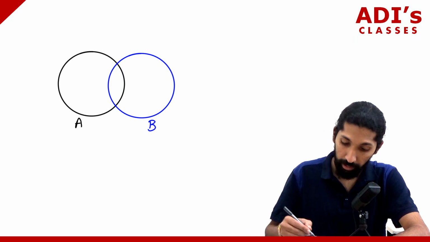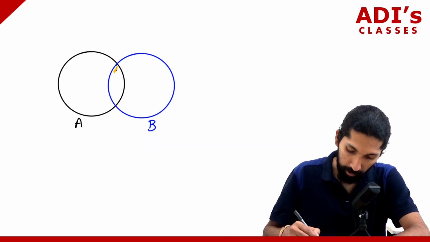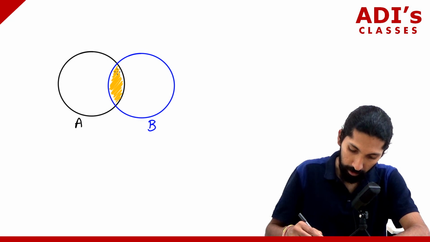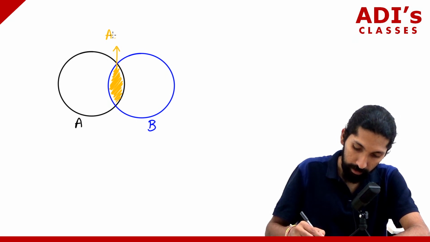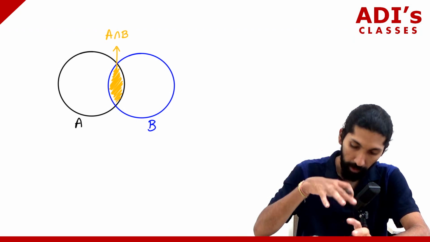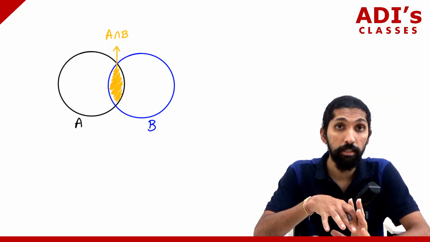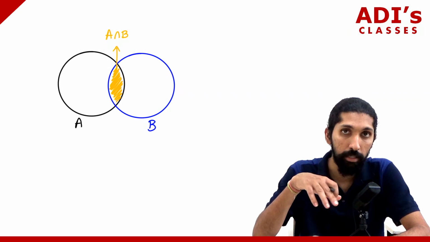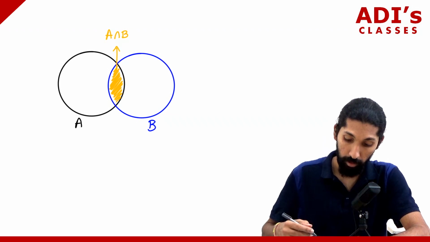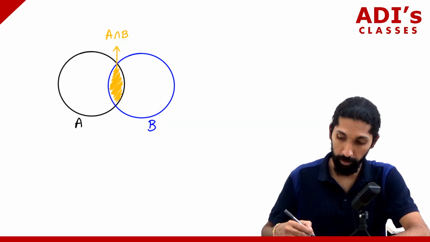Now remember, the area in between, what you're seeing, is nothing but A intersection B, correct? Now we are trying to figure out the entire area, because the entire area gives us A union B, correct? So for A union B, what we'll do is very simple.